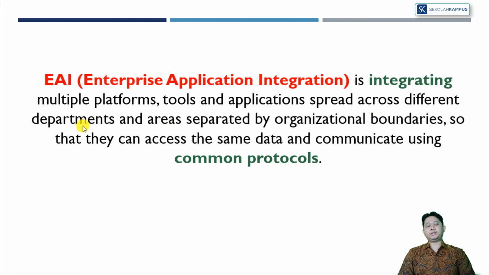As you can see, the production department and the HR department are different areas, spread across organization boundaries, so they can access the same data, the employee data and the work hour data, and communicate using a common protocol.